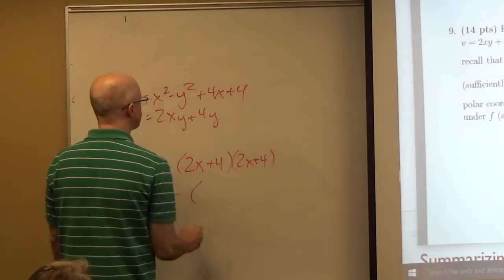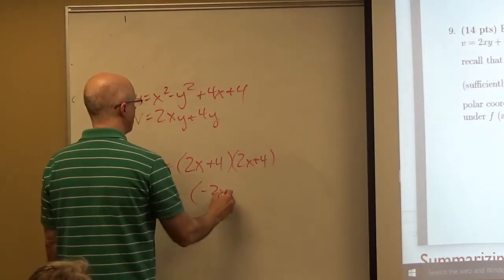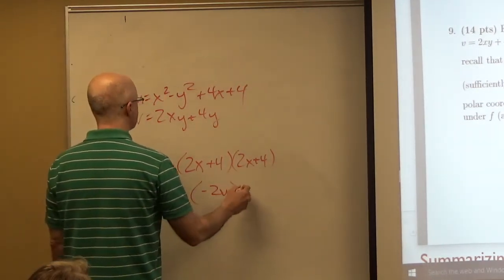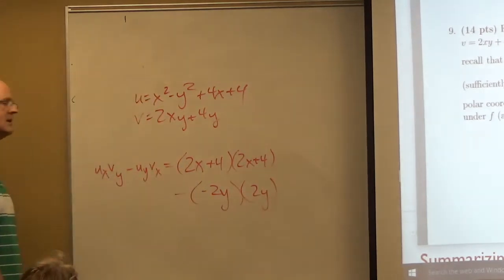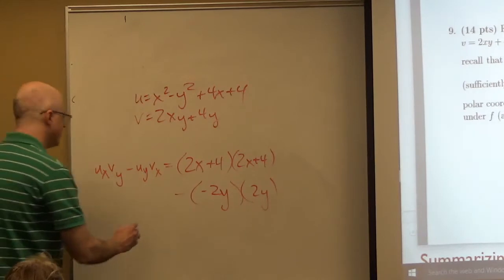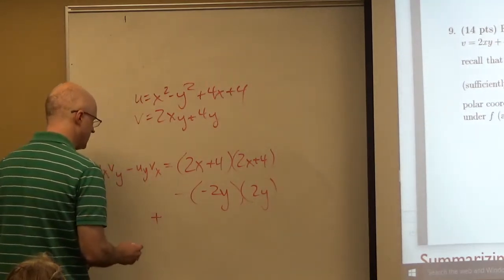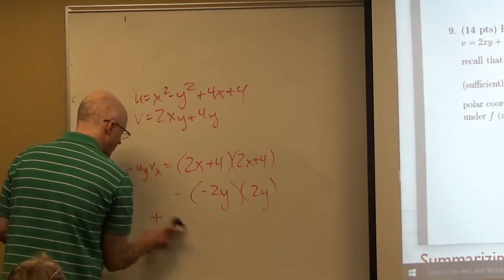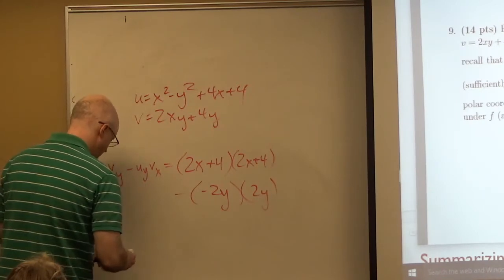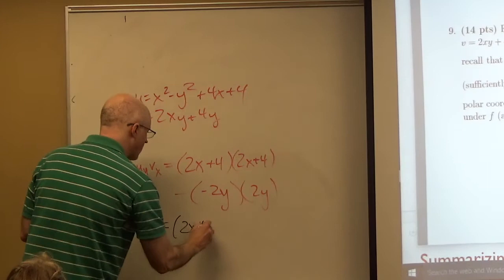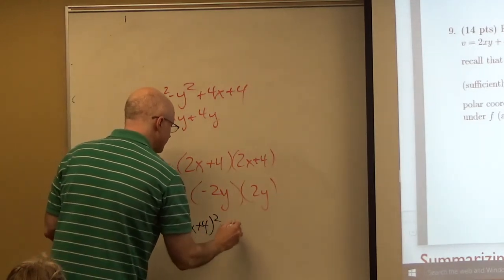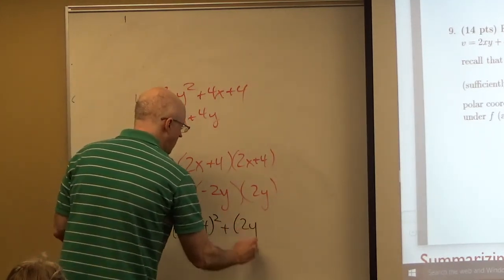Minus partial u with respect to y is negative, minus 2y times... partial v with respect to x is positive 2y. That's also not a coincidence. Giving you a Jacobian determinant equal to something that can't be negative: (2x plus 4) quantity squared plus (2y) quantity squared.